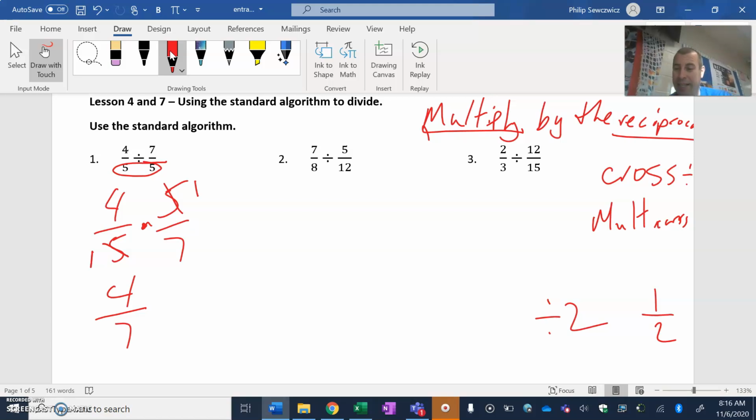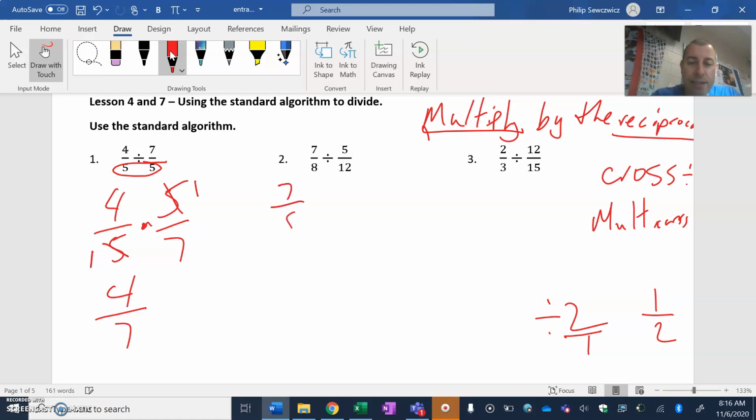And if you flip the 2, which is really 2 over 1, it becomes 1/2. So that's the whole idea: you can take half of something, which is why it means dividing by 2.